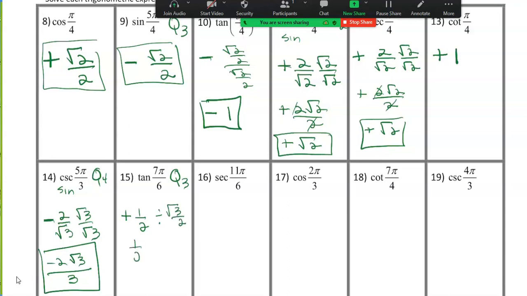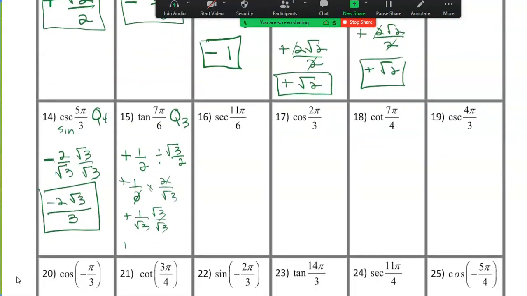And that's 1/2 times the reciprocal. That's positive 1 over root 3, and then I'm going to rationalize it. And that's going to give me positive root 3 over 3. Okay, and that's my best answer there.